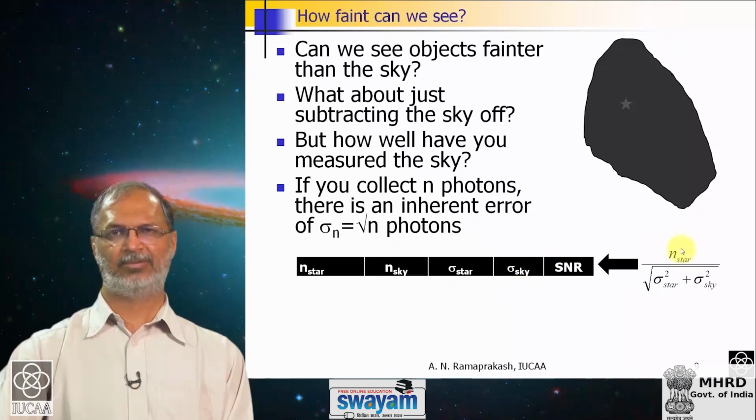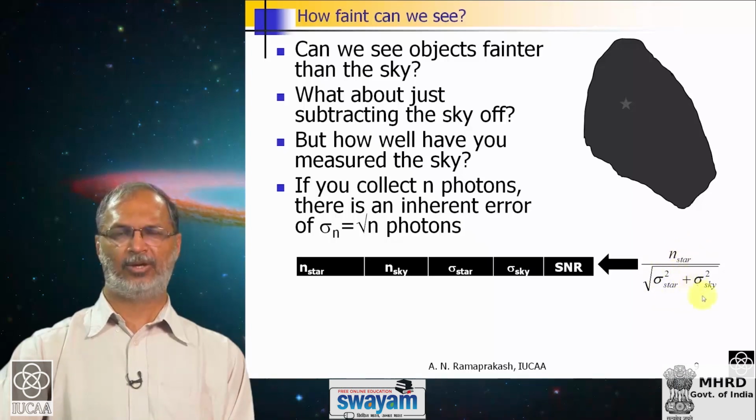Signal is the signal from the star, the total photons you collect from the star, and the noise in the denominator is the total of the noise coming from the star measurement and the sky measurement. So, if this number is larger than 1, it means that your signal is much larger than the noise, or your error in measurement, and you will be able to see that there is a star there. If this number is smaller than 1, you will not be able to detect the star, because the noise or the error in measurement is larger than your signal.